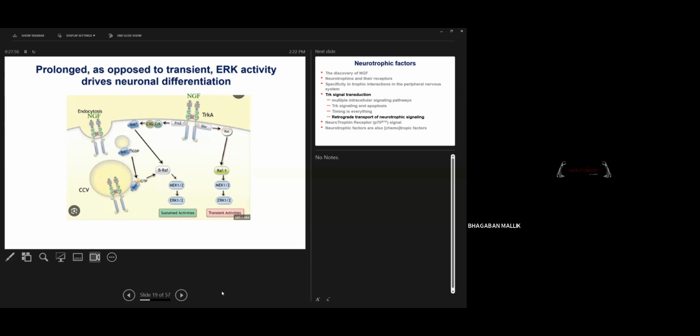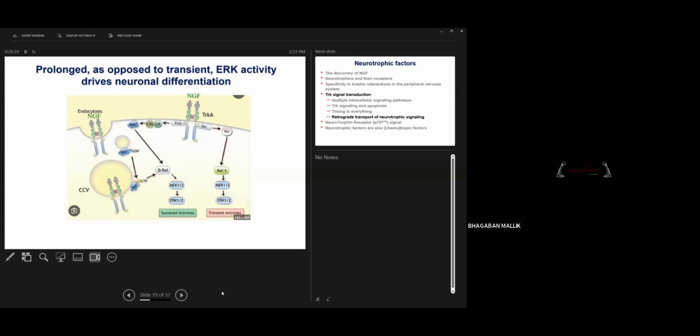For the transient activity, when the NGF binds to this receptor like the TRKA receptor, which is a neurotrophin receptor, there will be autophosphorylation in this intracellular domain. Then you have activation of RAS. RAS again is a GTPase, which can activate MEK1 and 2 and ERK1 and 2, which causes the transient activity. It acts immediately.